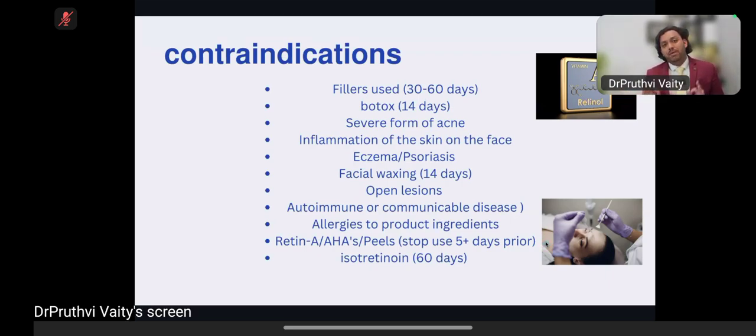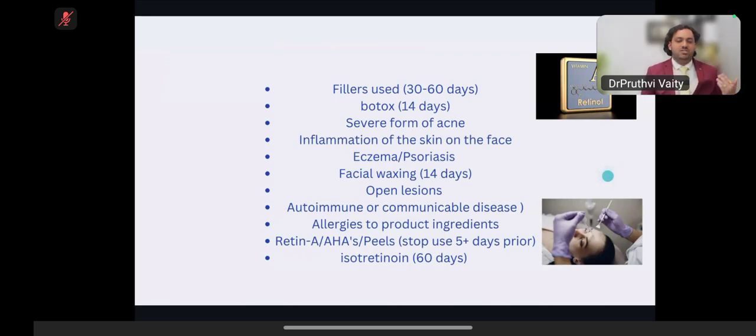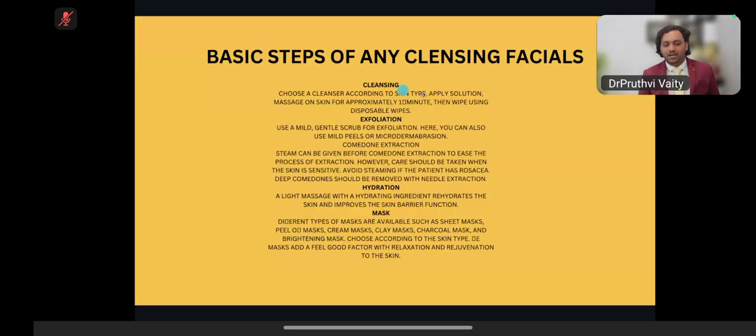So the bare minimum recommendation is 30 to 45 days of stoppage before application of any peel. Otherwise, the effect would be in an unknown category, because the peeling would be more. Even if you are using a mild peel, there might be a higher chance of peeling.